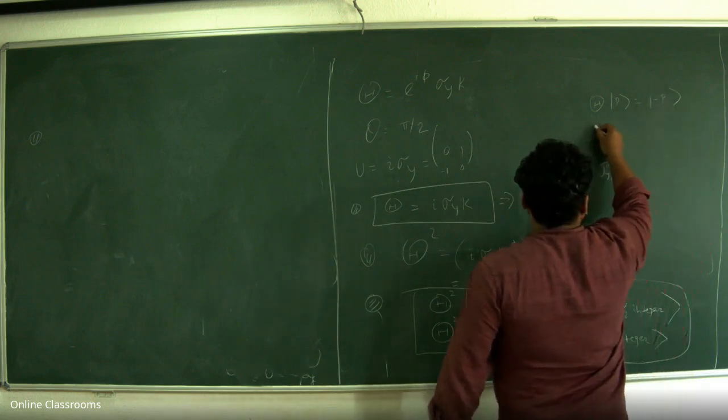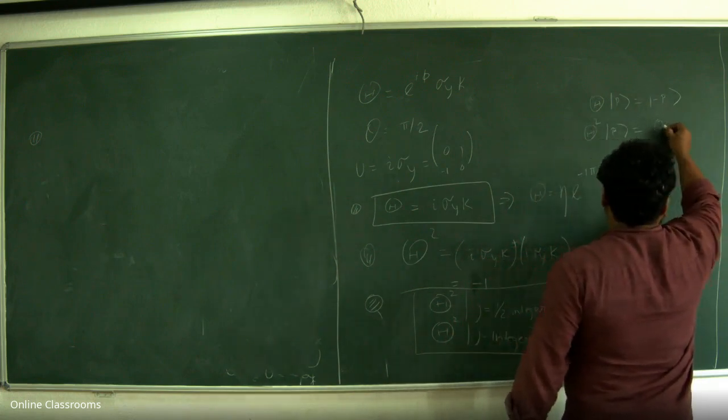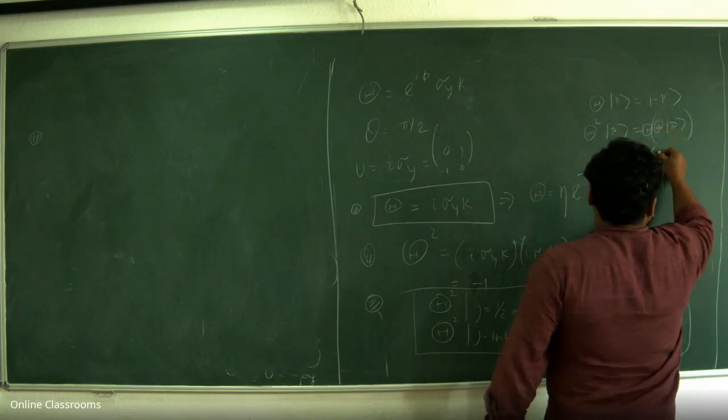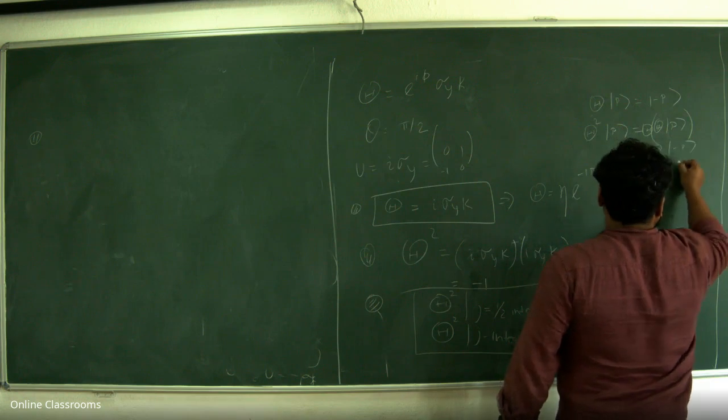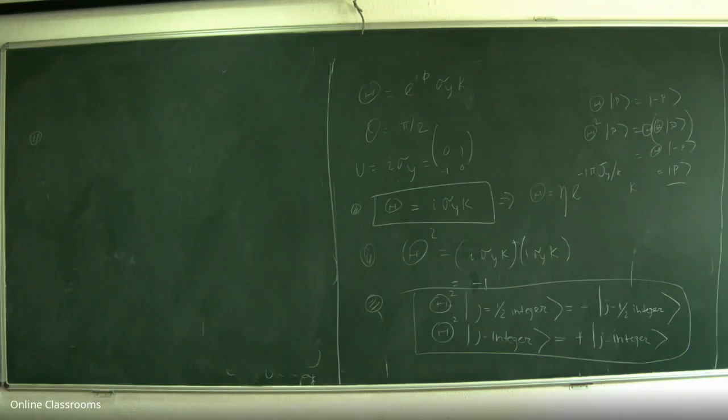Then theta square on p means theta of theta p, that means theta of minus p, which means p. This is the simple expectation. So it is negative of negative, which means it should be positive. But in the case of spin half, the sigma y, we are getting minus 1.